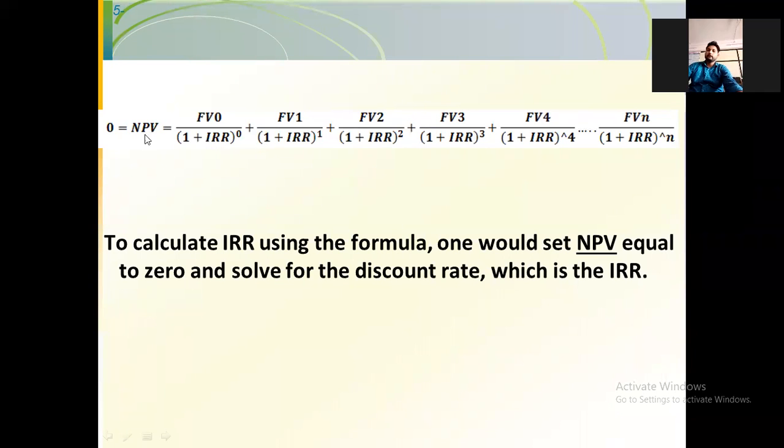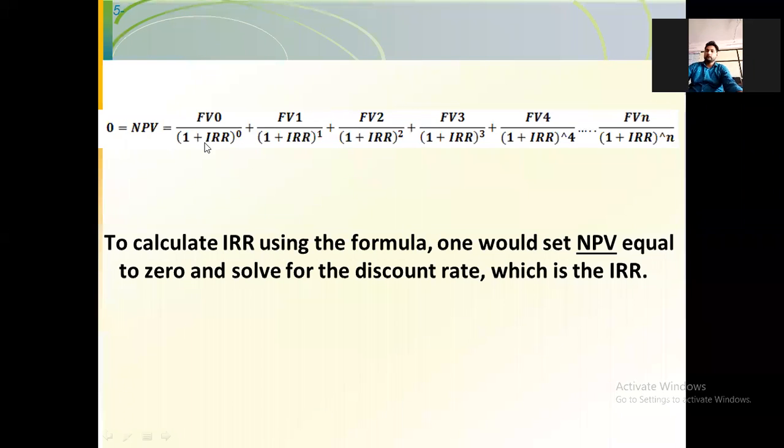Because if you do not consider this equal to 0, we are not able to calculate this value, because in this particular formula there will be two variables, and from a single equation we cannot calculate the values of two variables. So one of the values we have to know. For that purpose, we know that the NPV value is equal to 0, and then we calculate IRR.